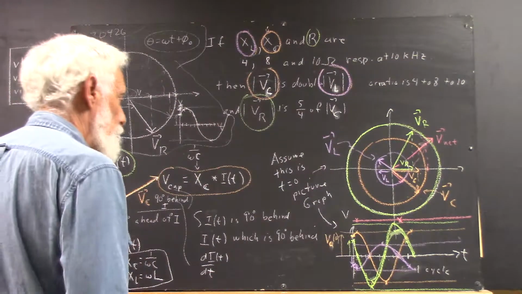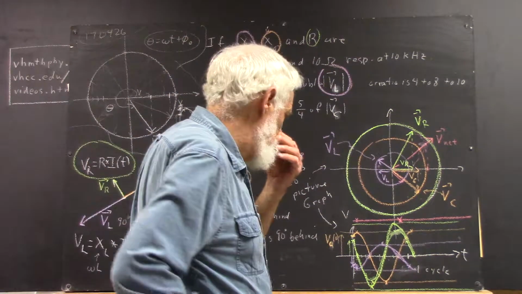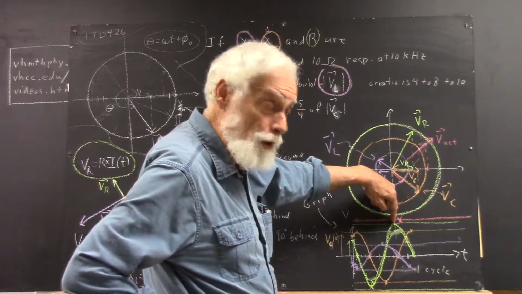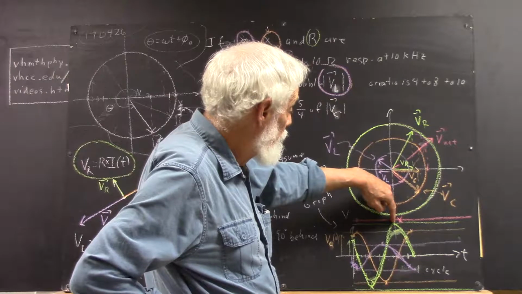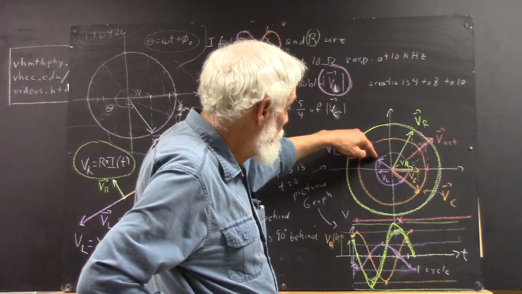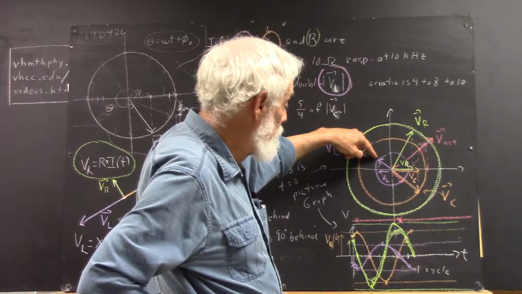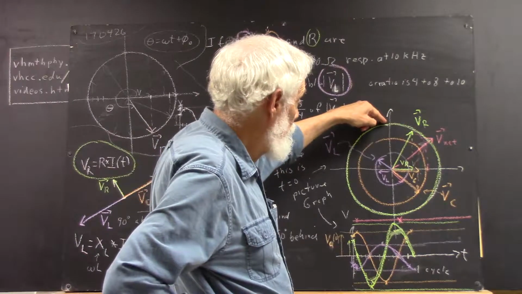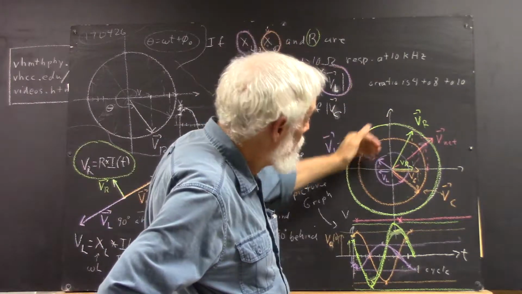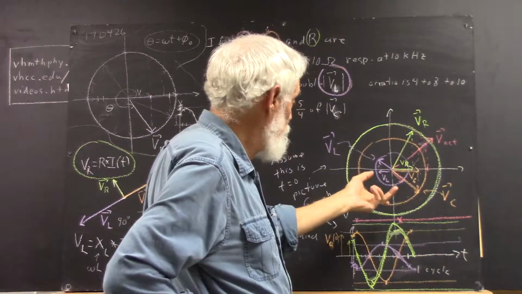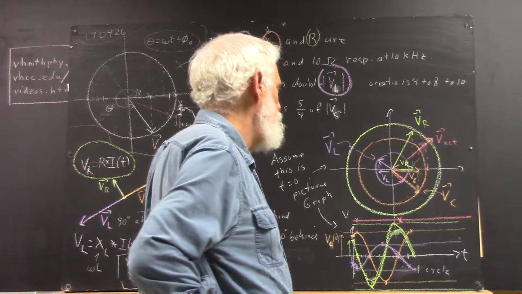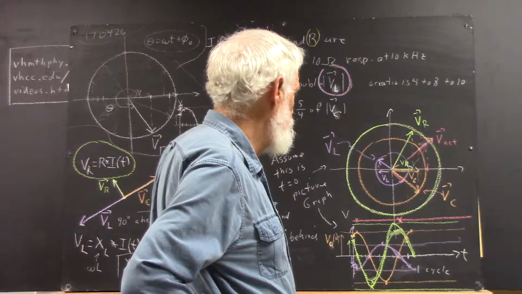And I'll just point them out. Here's V sub r. Here's a peak of V sub r. Now, V sub L reached its peak before this. If the thing's rotating this way, you've got to rotate it back this way for V sub L. What I just said is ridiculous.